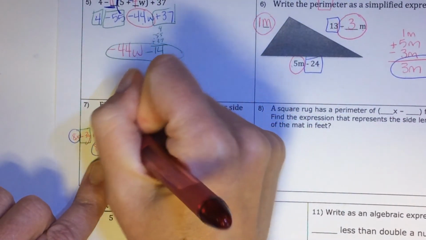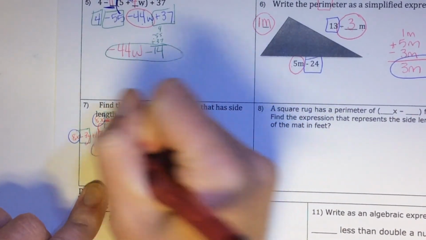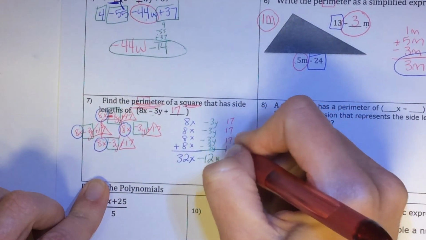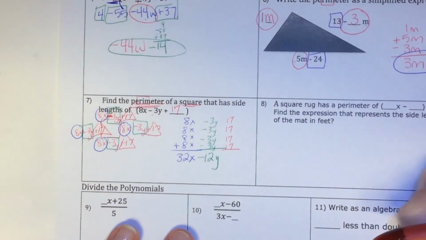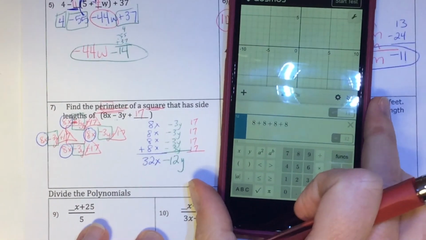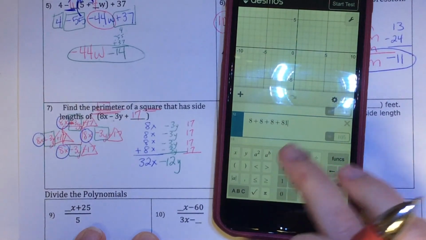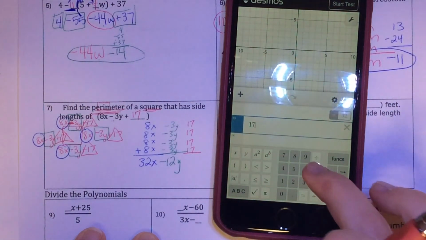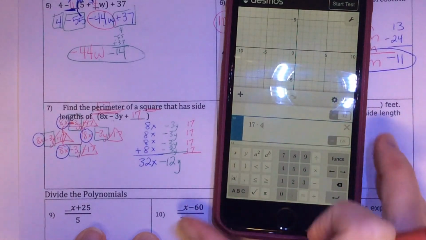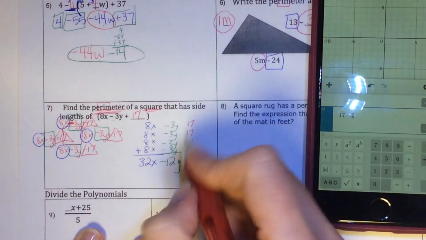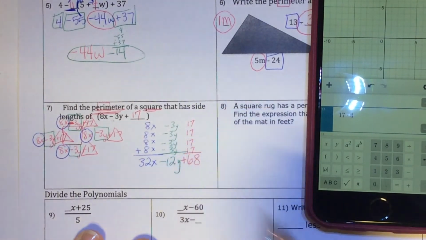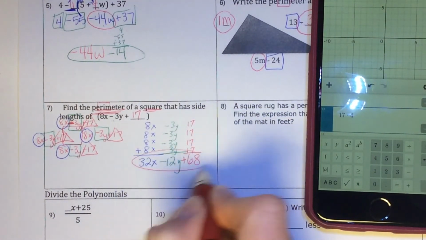Then we have 17, 17, 17, 17. And again, you can add that up, or you can realize that that is 17 4 times. So you can type in, not on that line, start a new line, 17 times 4, it's 4 times, so you get 68. 68 is a positive number. We need to have a separator between here, so you need to put your plus sign. Final answer.